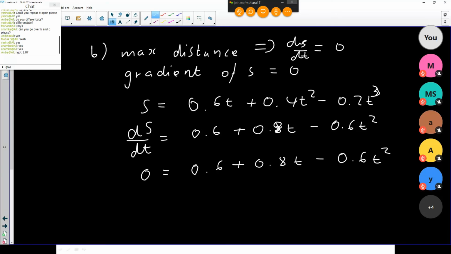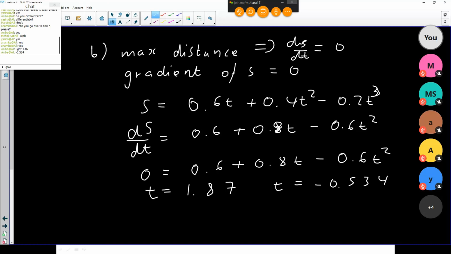Right, so t equals 1.87, and because it's a quadratic, you would have probably got two solutions unless they're exactly the same. And t equals -0.534.